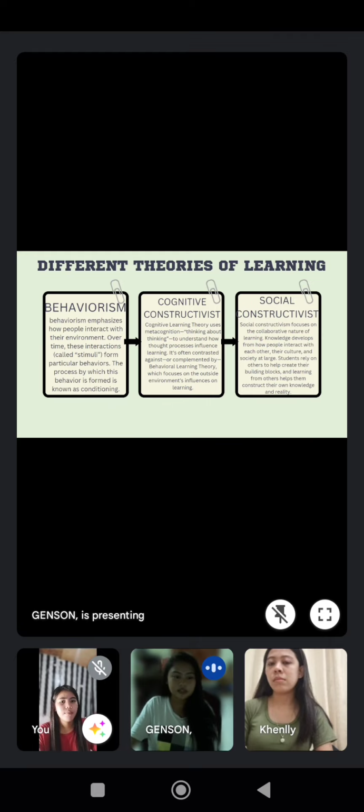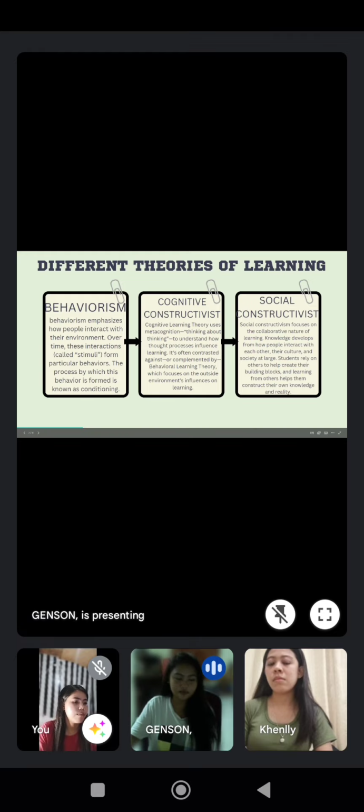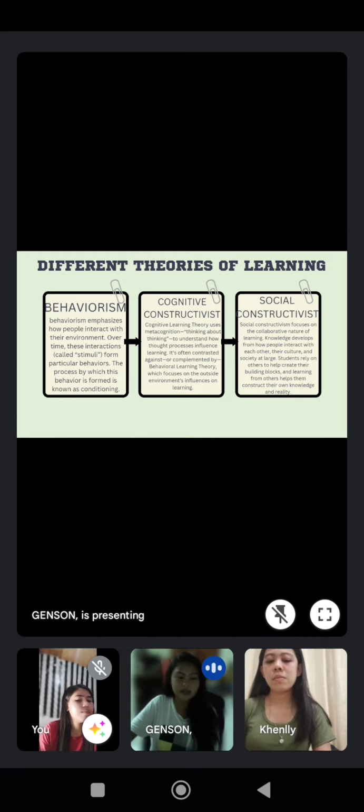Cognitive constructivism uses metacognition, thinking about thinking, to understand how thought processes influence learning. It is often contrasted against or complemented by behavioral learning theory, which focuses on the outside environment's influences on learning.